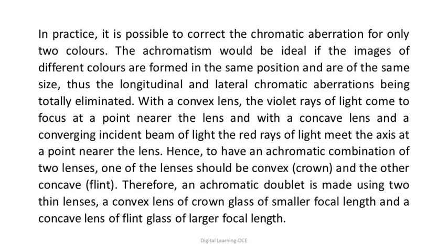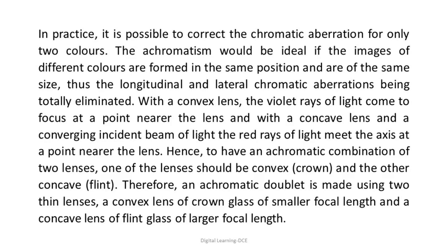With a convex lens, the violet rays of light come to focus at a point nearer the lens, and with a concave lens and a converging incident beam of light, the red rays of light meet the axis at a point nearer the lens.